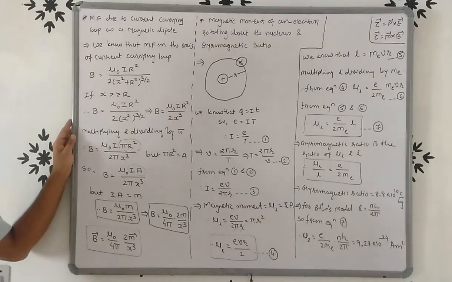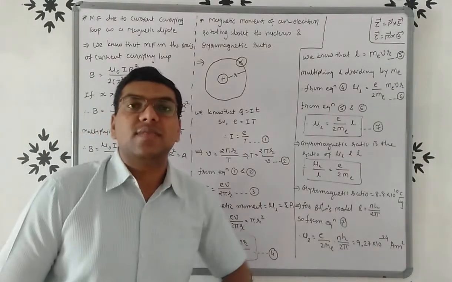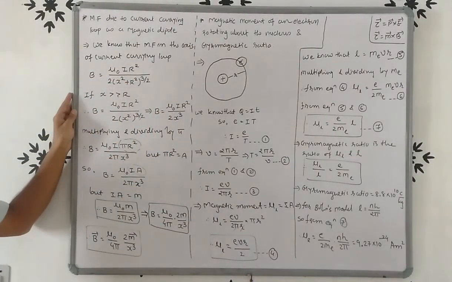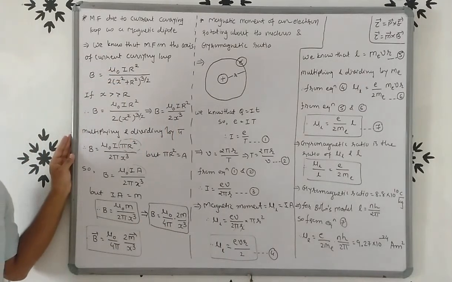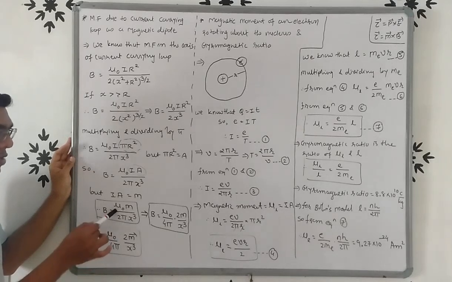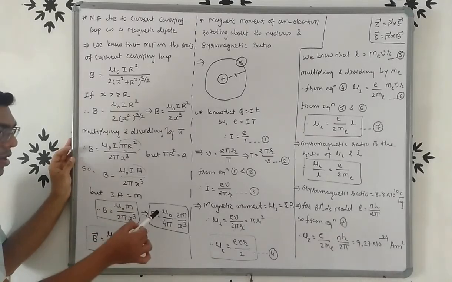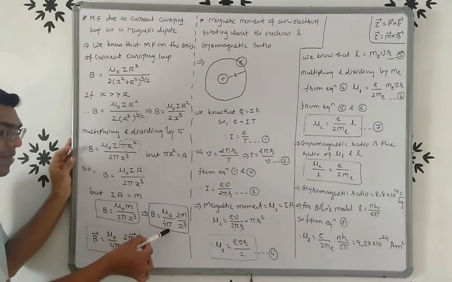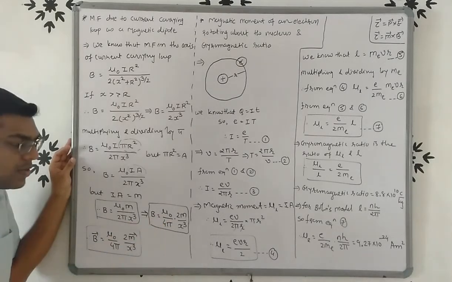Now friends, you have to remember some formulas. First one, magnetic field due to magnetic dipole, B is equal to μ0 m upon 2π x³, or B is equal to μ0 by 4π into 2m upon x³.